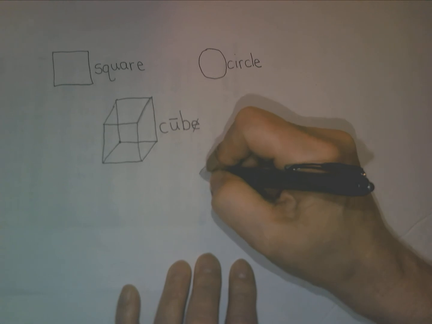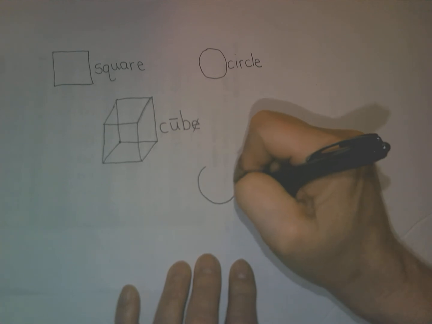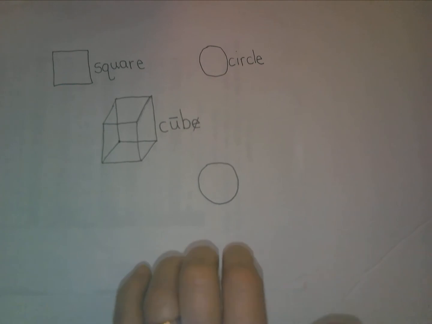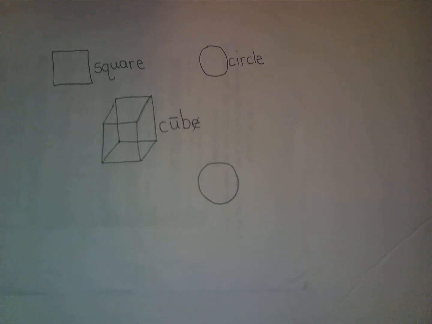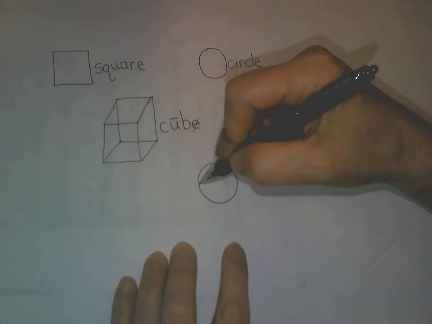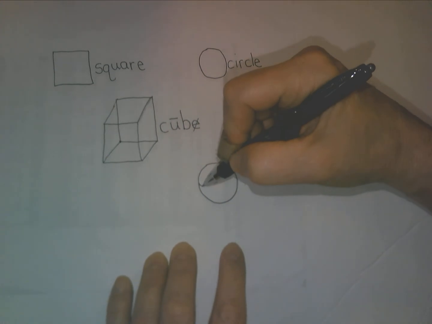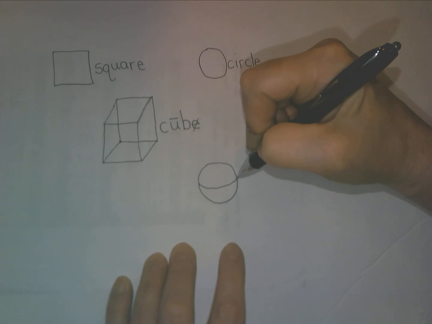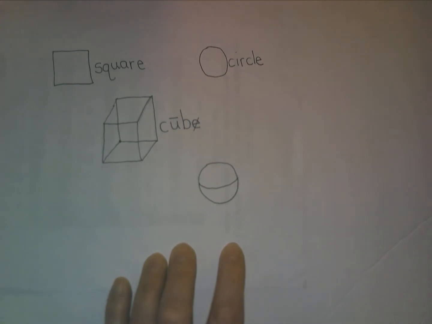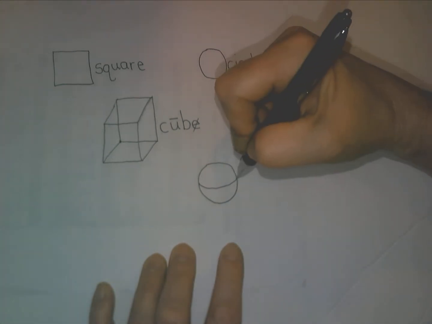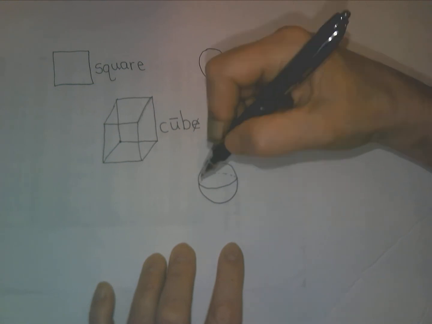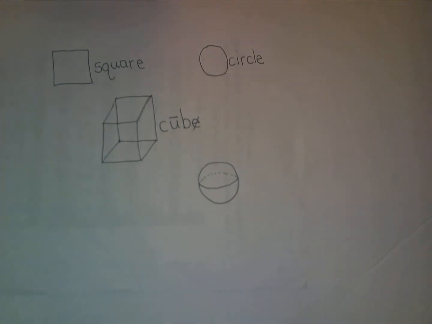You start by drawing another circle, and now I'm going to try to make it look three-dimensional like this. I'm going to go to the middle, and I'm going to go around like that, and then I'm going to do a dotted line around like that.